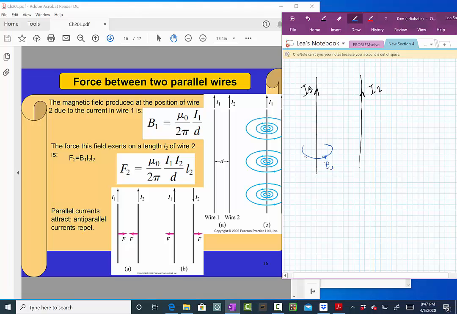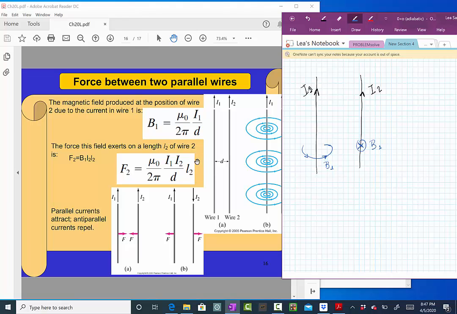From what we discussed in the previous slide, I know that to the right side of this I1, I have a magnetic field going into the page. Right here in front of the I1, the field is going to the right.